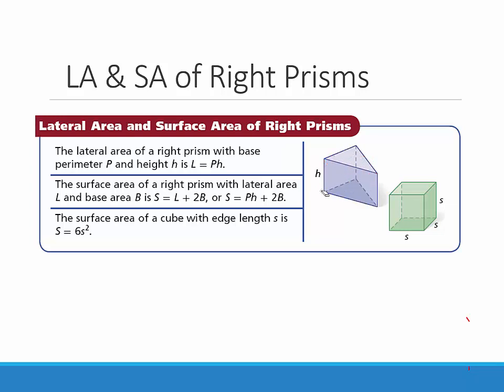The surface area is that lateral area that we just found plus these two bases. We have to take into account the top and the bottom of this block of cheese for the surface area. And then a cube is special because you have a bunch of squares here. In order to figure out the surface area of a cube, you just have to find the area of one of these, so s squared, and then you have 6 of them, so you got to multiply it by 6.